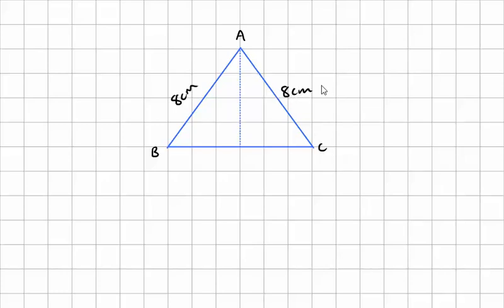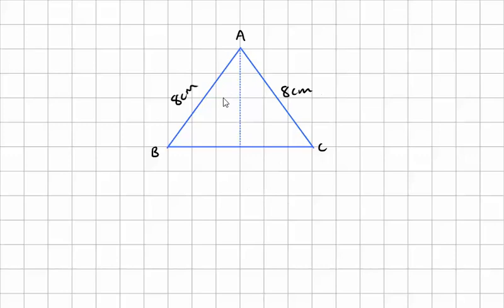So, question 7, we have a triangle. What kind of triangle? Isosceles. We have an isosceles triangle and we know that AB equals AC. So we know that AB is 8 centimetres, and AC is also therefore 8 centimetres because it's an isosceles triangle.